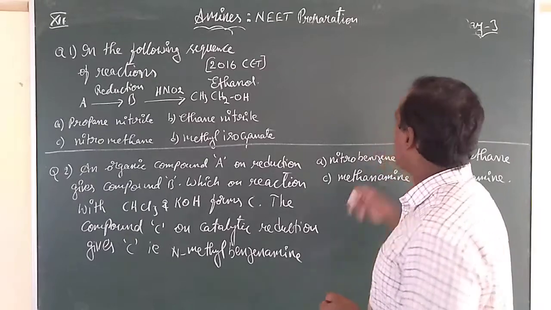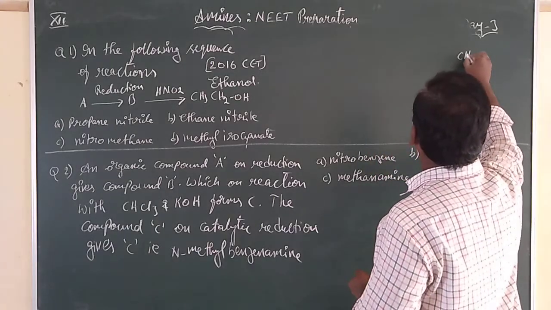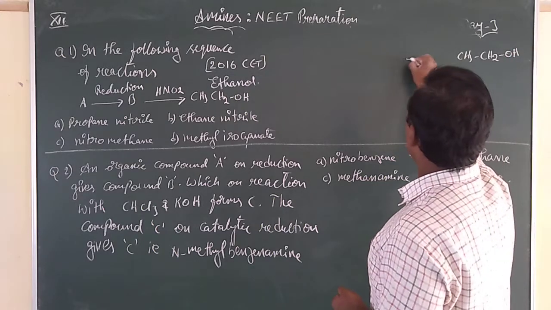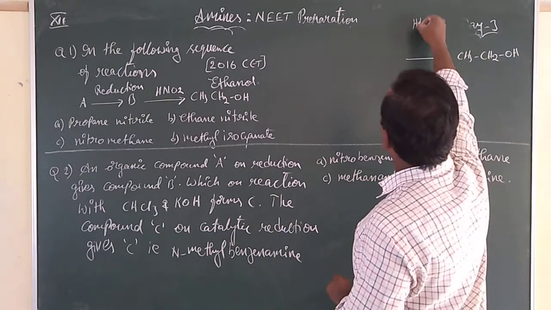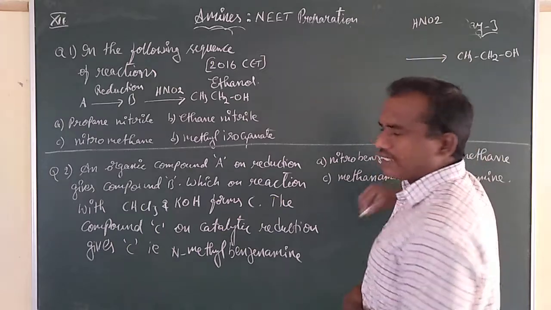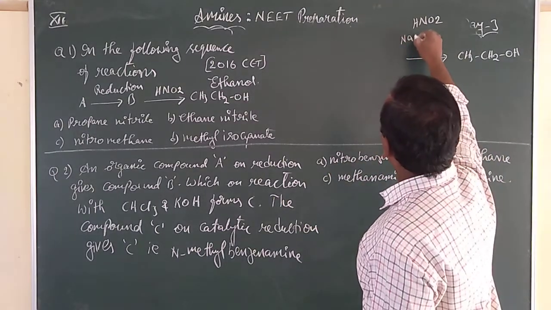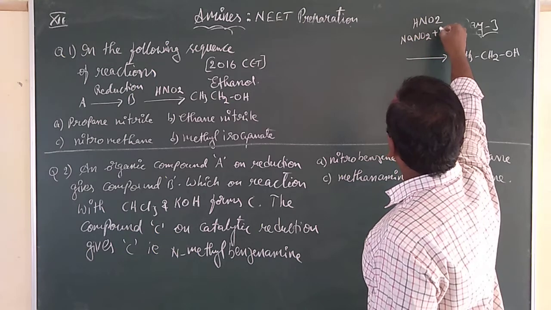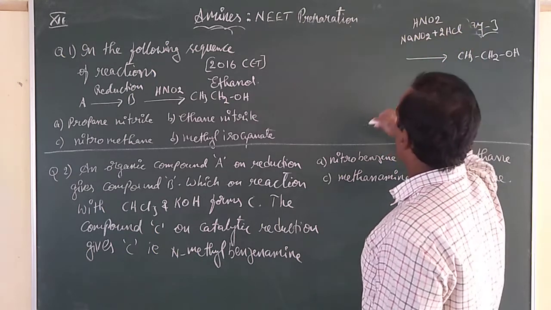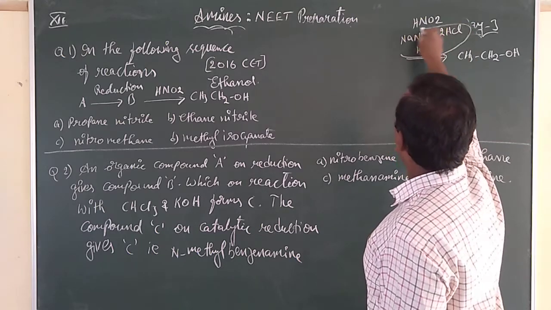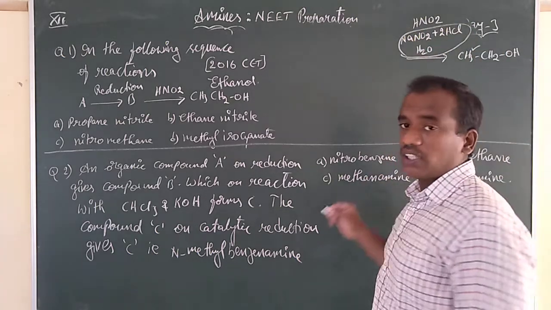Because there are options like ethanol, you got it. And what are the reagents used here? HNO2. How can we get HNO2, children? We can get HNO2 using NaNO2 in presence of HCl. Then, followed by hydrolysis only, we got this ethanol.